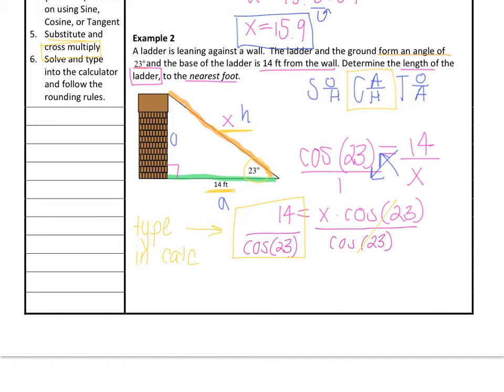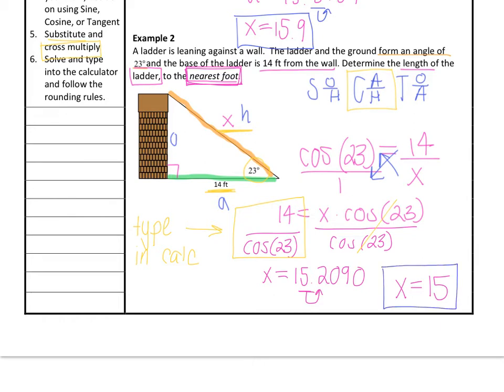Then to pull up cosine, hit your trig button on the left, pick cos, type in 23, hit enter, and you will be left with x equals 15.2090. This said round to the nearest foot, meaning nearest whole number. So I look at the 15 and next to the 15 is a 2. That 2 is not going to bump the 15 up, so my final answer would just be 15.